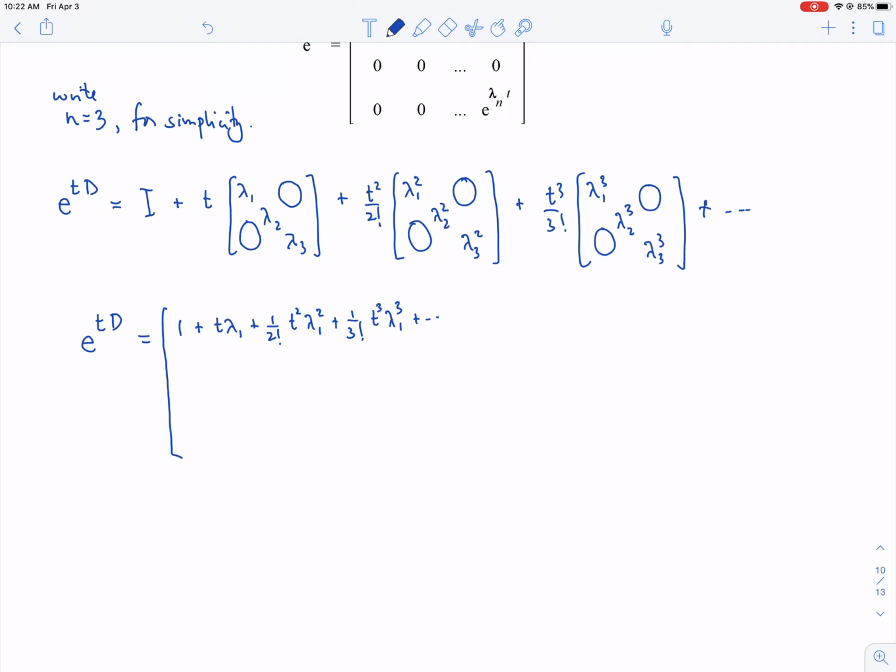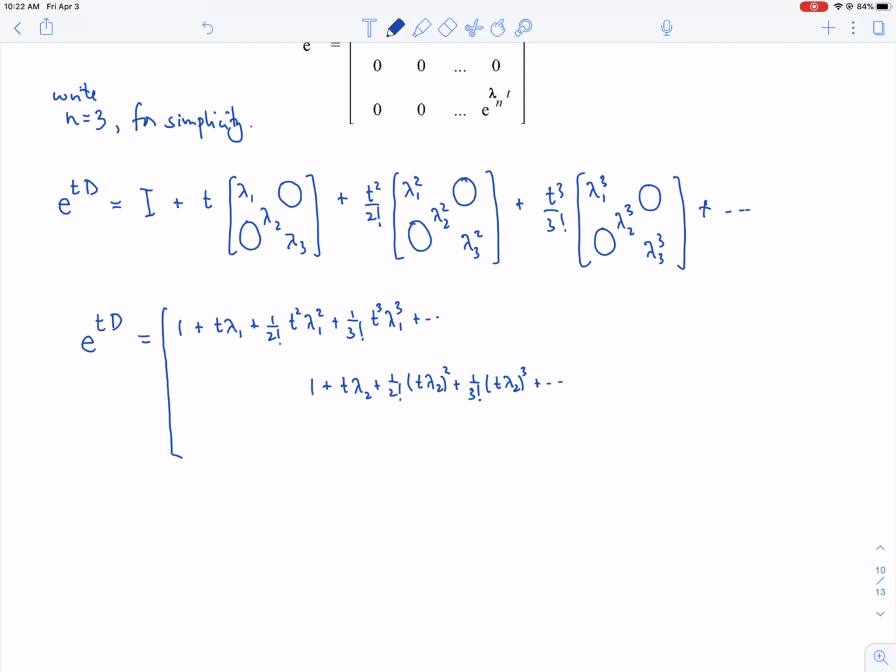If you look at the 2, 2 entry, it's just 1 plus t lambda 2 plus 1 over 2 factorial (t lambda 2) quantity squared plus 1 over 3 factorial (t lambda 2) quantity cubed.